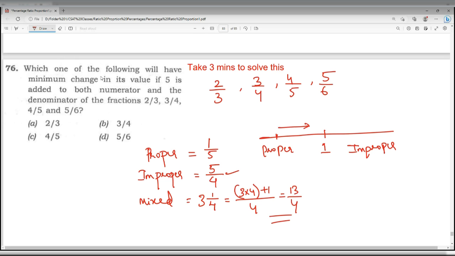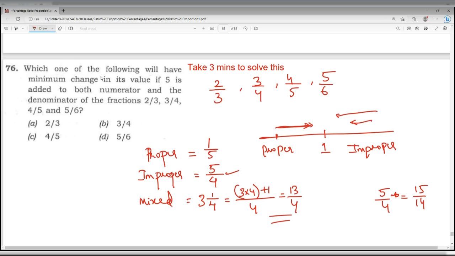And in an improper fraction, like 5 by 4, if you add 10 to the numerator and 10 to the denominator, this is 15 by 14, this number would approach 1. So in both cases, if you add equal numbers to the numerator and denominator, both will reach towards 1. But a proper fraction will increase towards 1. An improper fraction will decrease towards 1 because it is already more than 1. It will come towards 1.